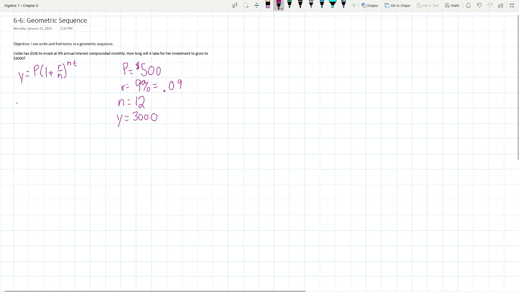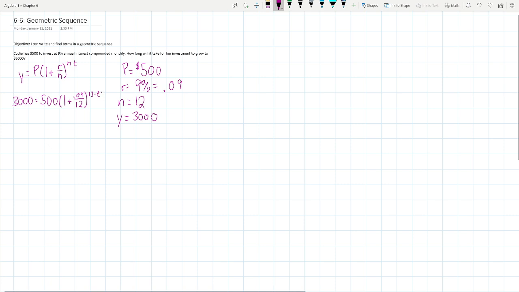So if I plug these things in, y is 3,000. 3,000 equals my amount, which is 500, times 1 plus my rate, 0.09, divided by 12, raised to 12 times t.